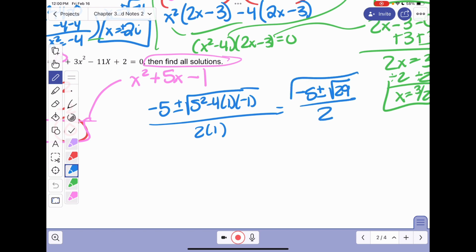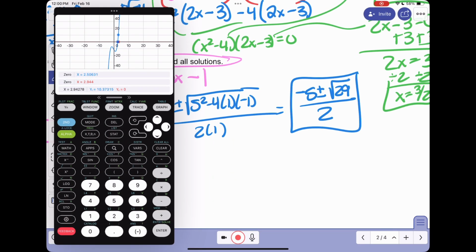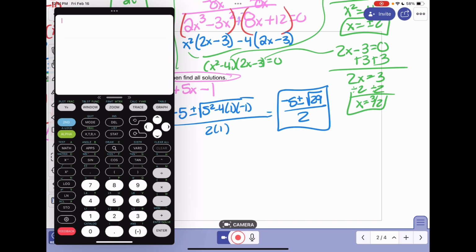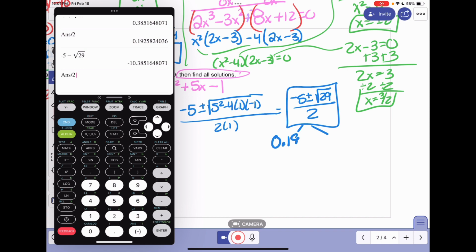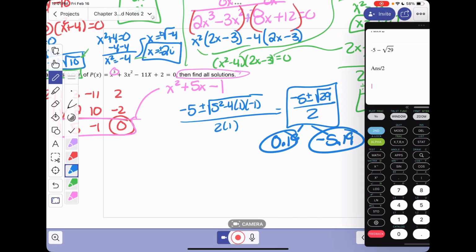That would be an acceptable answer. If you put it in the calculator, negative 5 plus the square root of 29 divided by 2, you would get 0.19 and negative 5.19. So that would be acceptable either way, depending on what the directions ask.